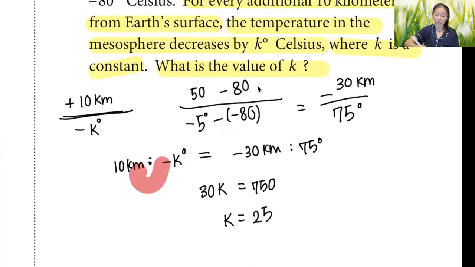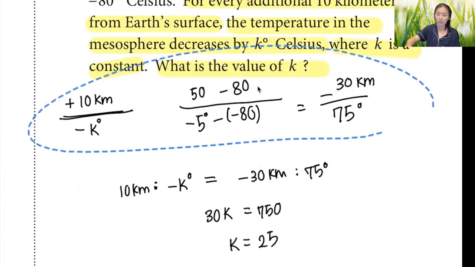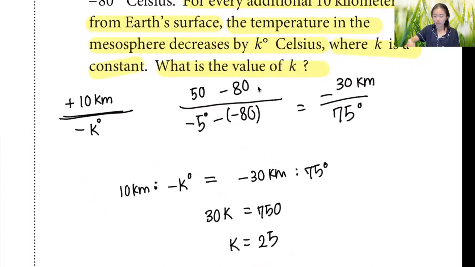You can work with the fractions from right here, but it's easier to see it laid out horizontally as ratios, so that you can use your algebra and isolate K, which is what we want to know.